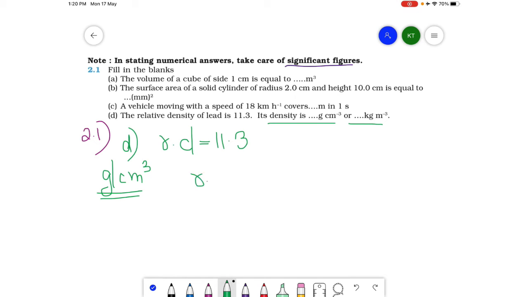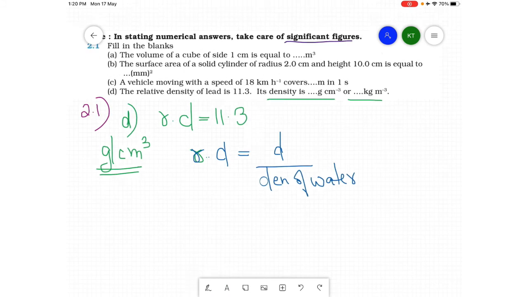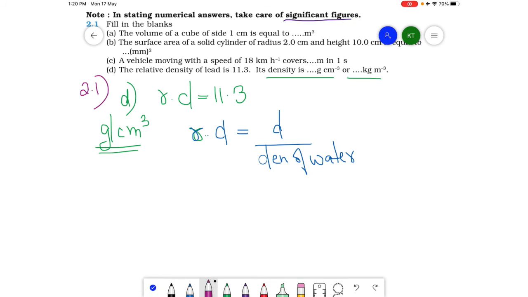Now what is the relative density formula? Relative density is equal to density divided by density of water. So what is density of water in gram per centimeter cube? In gram per centimeter cube, the density of water is equal to 1 gram per centimeter cube. So let's substitute these values here.